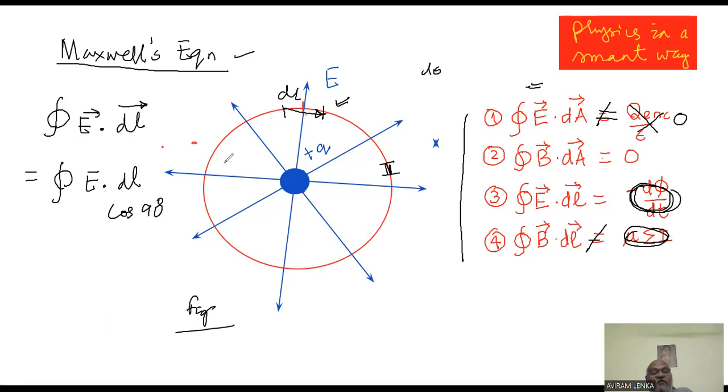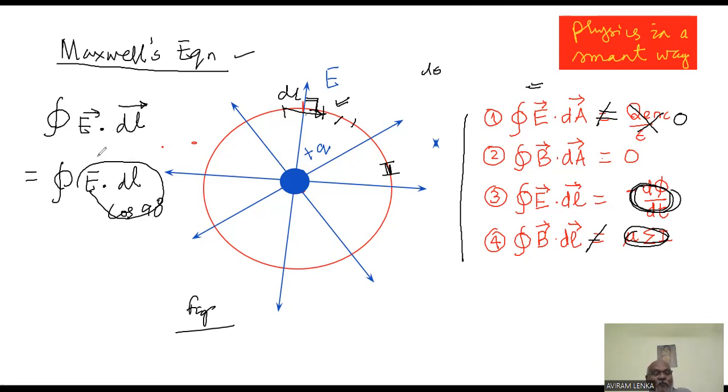And as you can clearly see, because E is radial and dl is tangential, every time we are bound to see 90 degrees between them. And cos 90, obviously, is 0. So for this element, we got E dl cos 90 equal to 0. For the next element, also the same thing happens because the angle between E and dl is the same. And here we got a closed path integration. That means we consider all those E dl dot products.